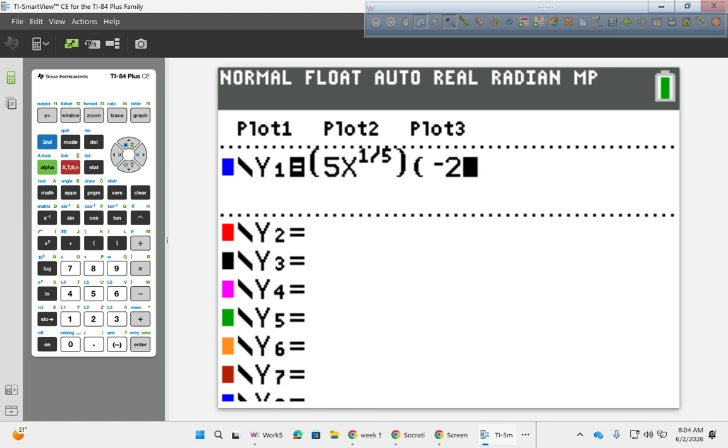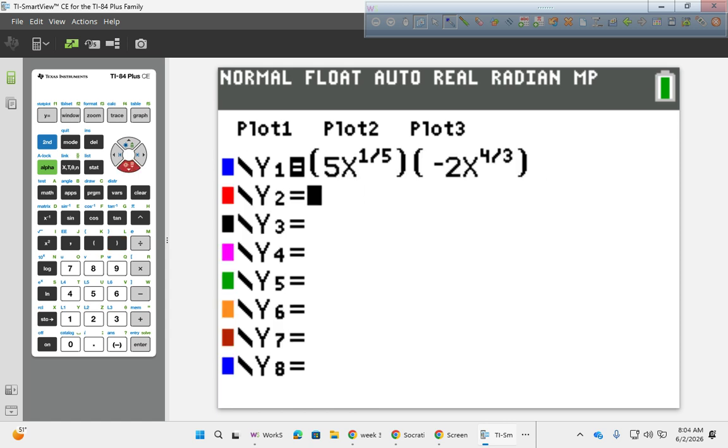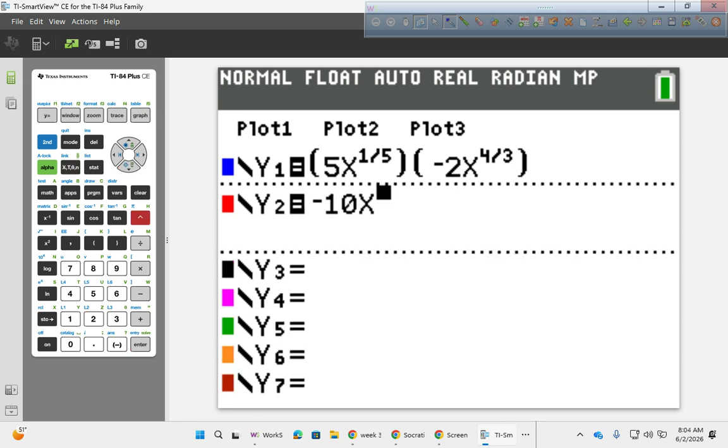X to the 4/3. The question's in Y1. And then in Y2, I would type whatever the answer to A is. And I check it in the table. B, check it in the table. The right answer will match. What did we get? 23/15?